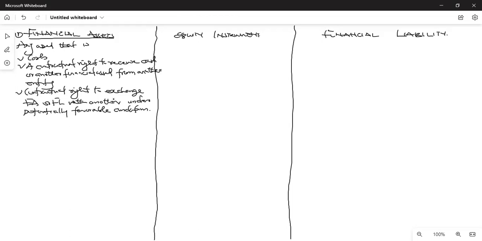That is it. And the last bit is that an equity instrument of another entity is also a financial asset.